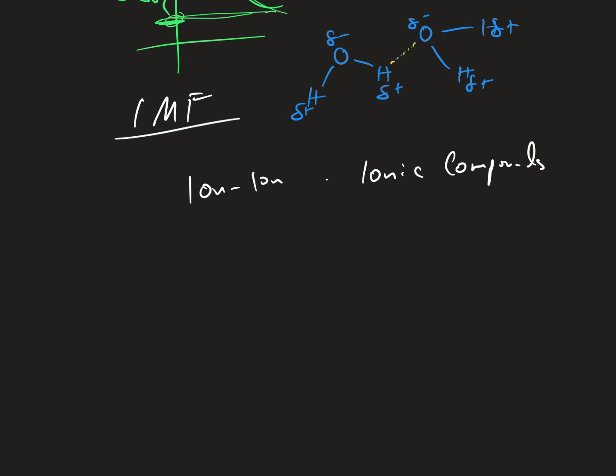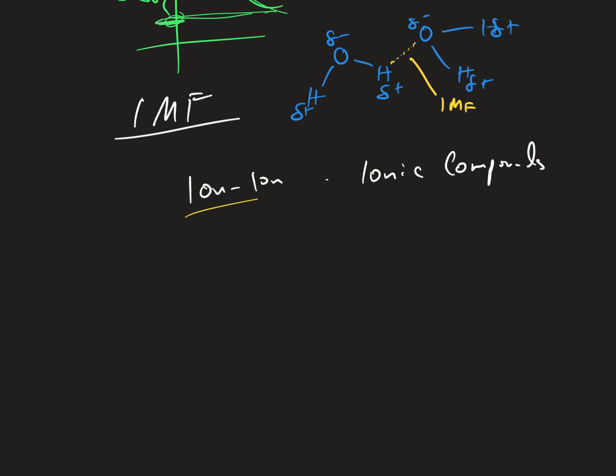This attraction between molecules, not inside molecules, but between molecules, this is the intermolecular force. It's not a bond, it's just an attractive force between molecules. So the attractive force between ionic compounds is called ion-ion. So if we have an ionic compound, we know the dominant intermolecular force is ion-ion. Good?